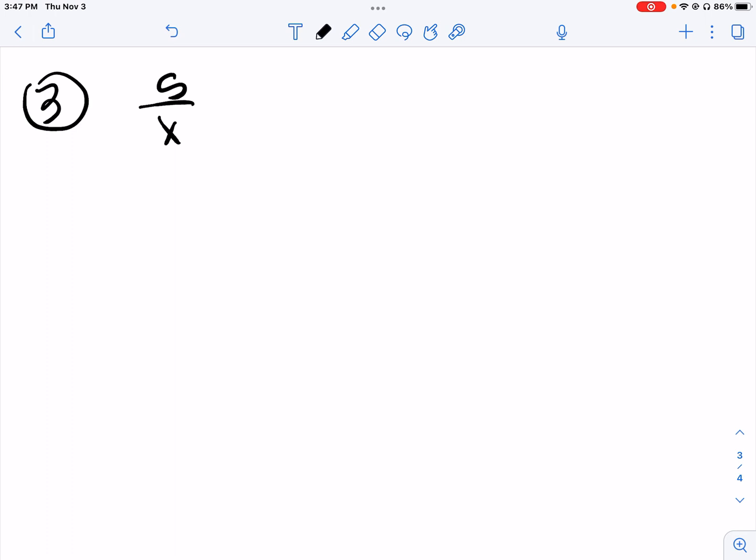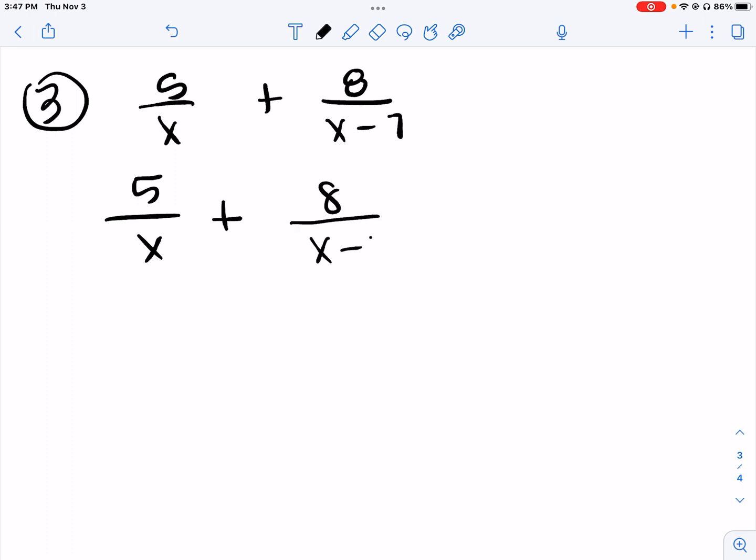Okay, addition. We need a common denominator, which would just be the two things multiplied together.